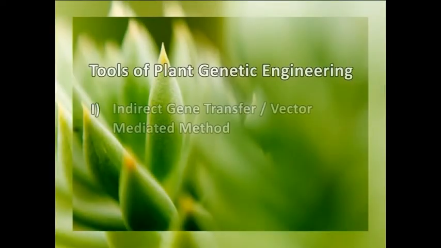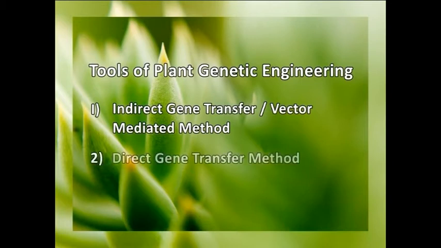The first common gene transfer technique used in plant genetic engineering is the indirect gene transfer or vector-mediated method. The next common method for gene transfer in plant transformation is the direct gene transfer method.